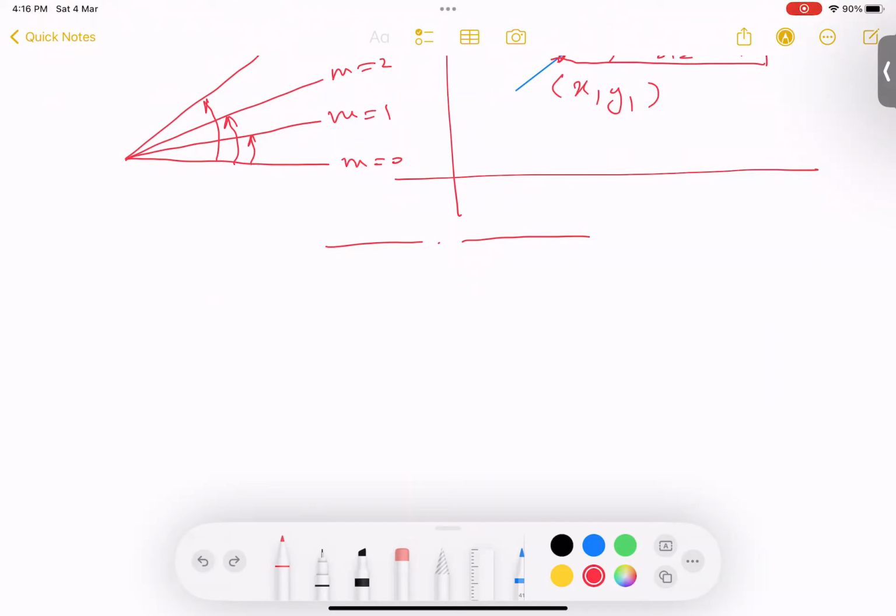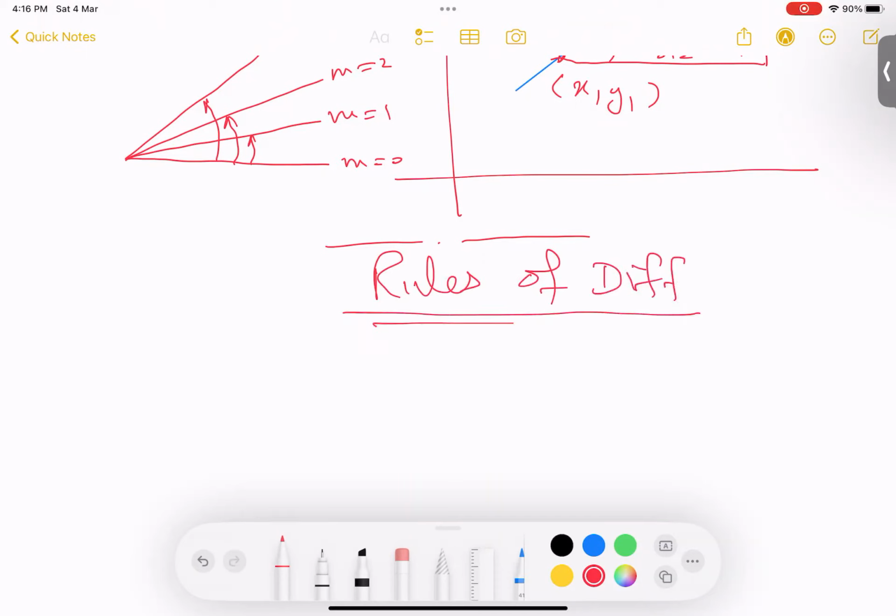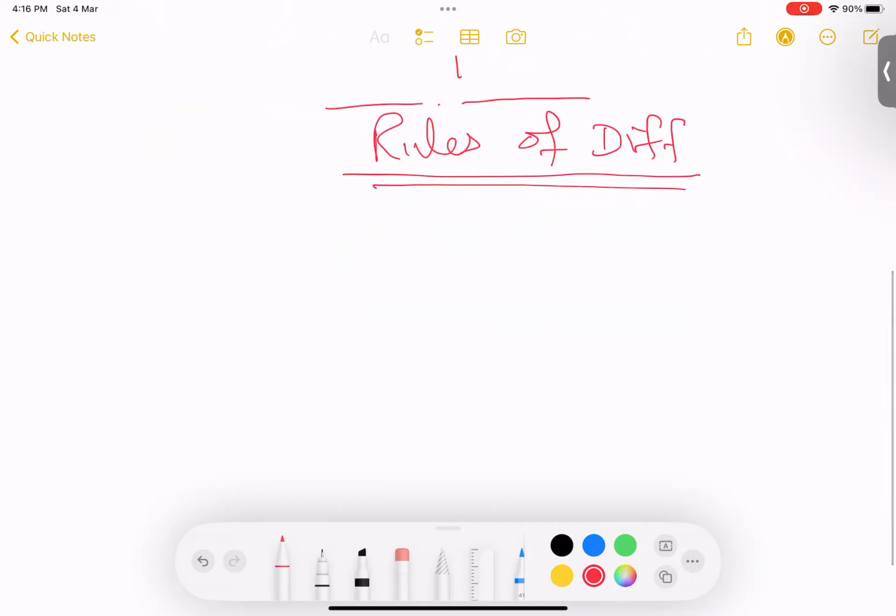Before I start, I will give you some groundwork. There are two rules of differentiation in our syllabus. Rule number 1 in our differentiation is what? Before that, do you know this is called the square root operator? This is called the square operator, and this is called the cube operator.